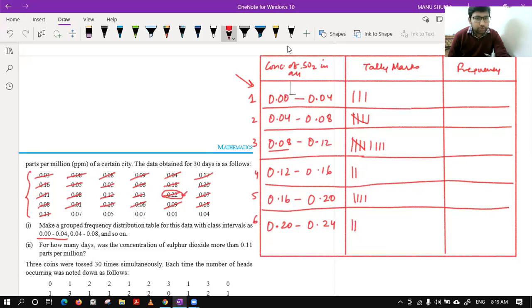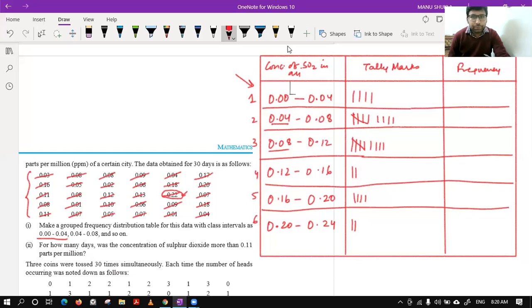Okay, third one. Then 0.07 in this second one. 0.05 second one. 0.07 second one. 0.01 first one. 0.04 obviously in this one because lower limit is included.